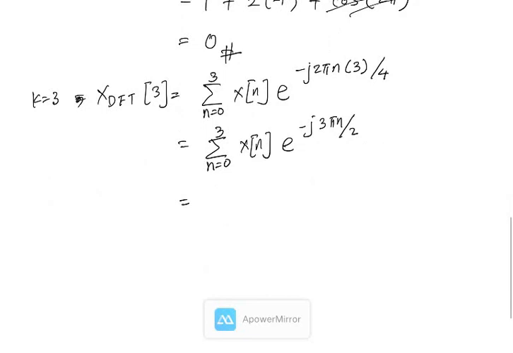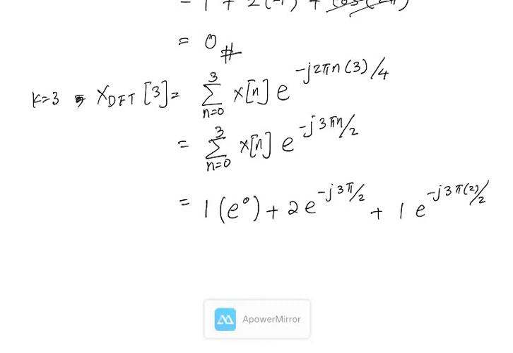So I have x[0] is 1, then exponent 0, and then plus 2 exponent minus j 3 pi 1 over 2, plus 1 exponent minus j 3 pi 2 over 2, and then plus with 0.